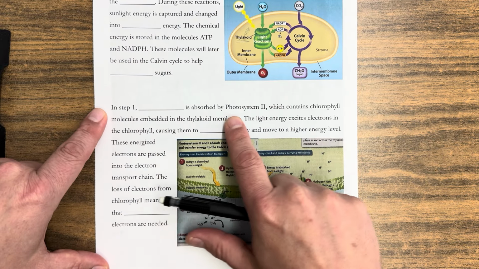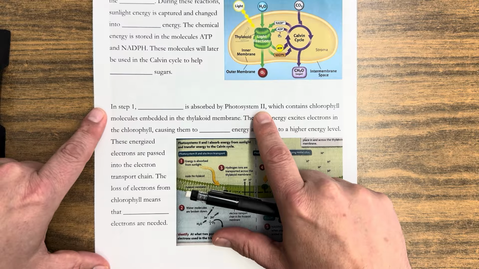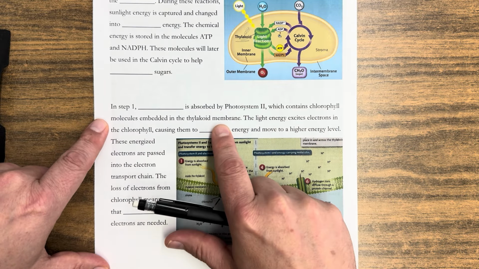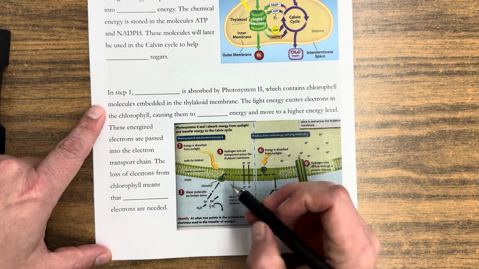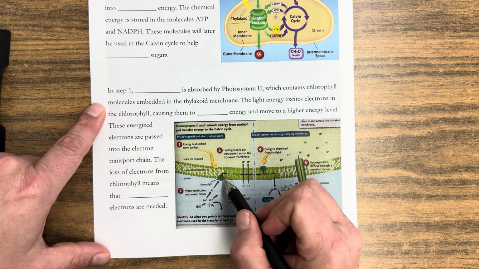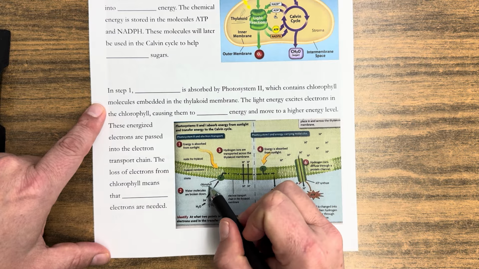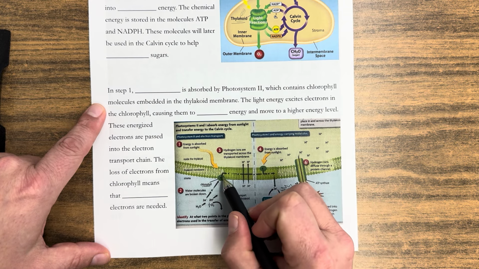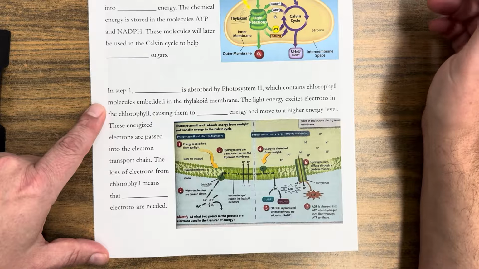Sunlight is absorbed by photosystem 2, which contains chlorophyll molecules embedded in the thylakoid membrane. So you see the chlorophyll molecules here in green, here and here. But there'd be many of them. There's just two examples there.